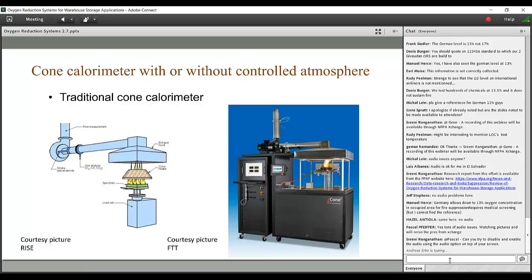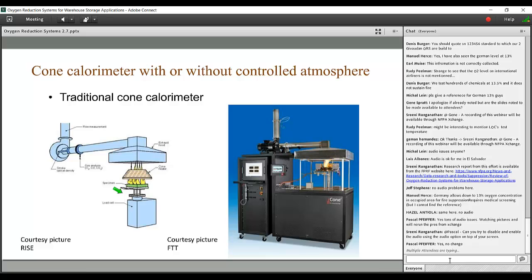In the cone calorimeter, you have, as seen on the picture to the left, a conical heater which exposes the sample, which is on a tray here, to a certain heat flux. Then there's an electrical spark igniter, which is not visible on this picture, which ignites the material.